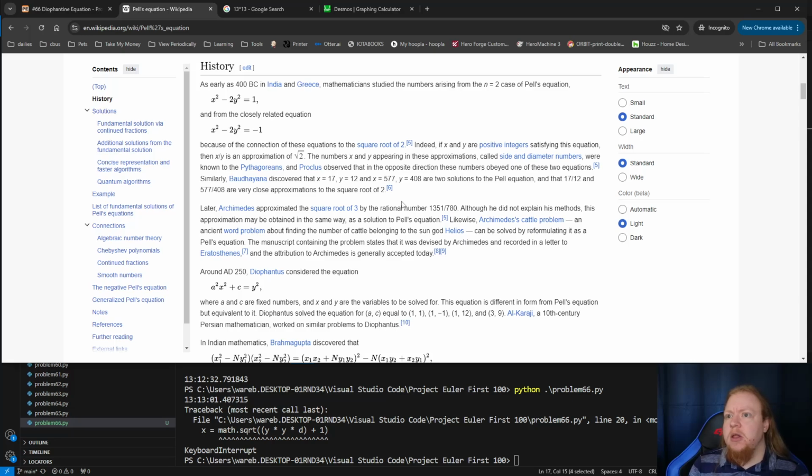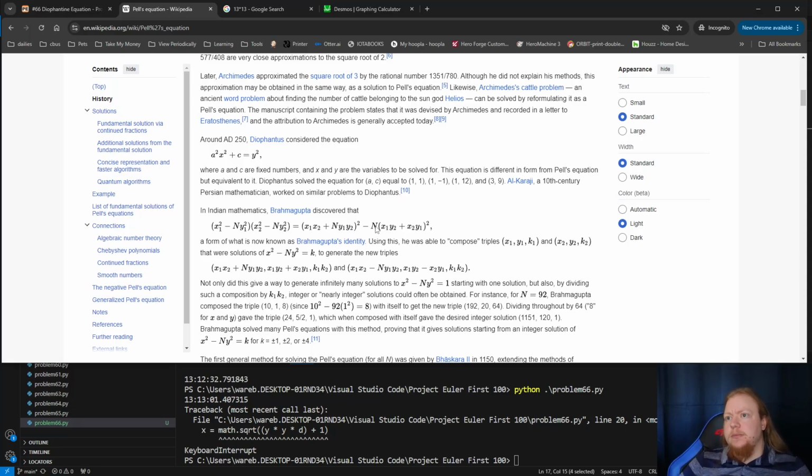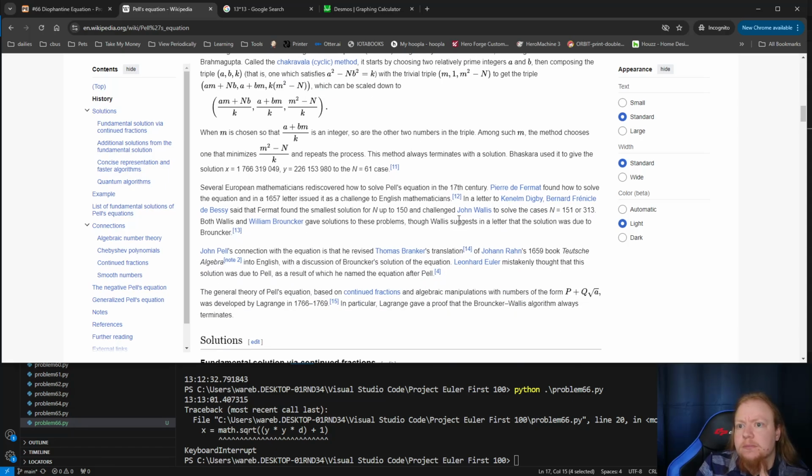Okay, so this is actually related to this convergent fraction thing. And there are other methods.